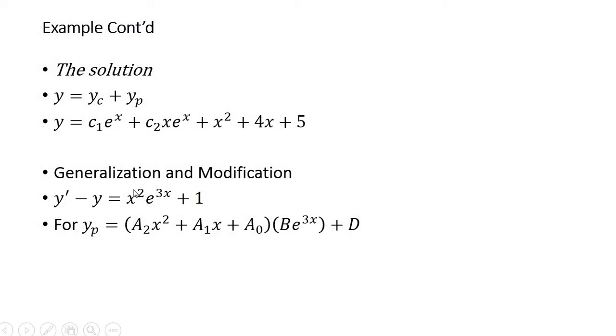As you can see, you have got a polynomial of order 2 multiplying an exponent. So the particular solution for this term will be a product of a particular solution for a polynomial of order 2 and that of an exponent.